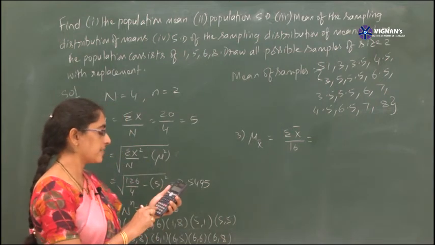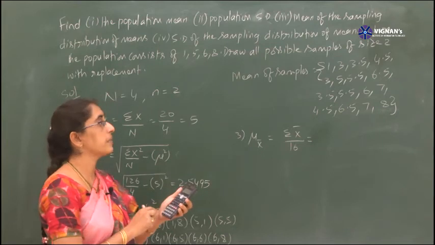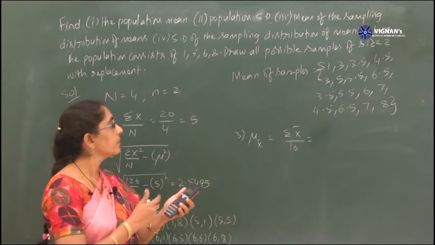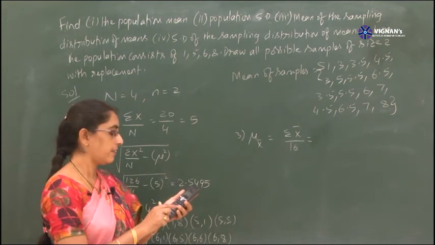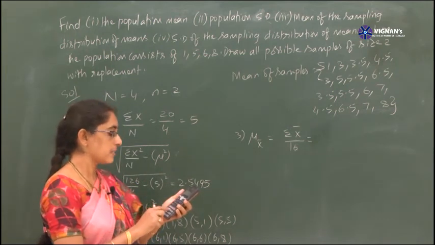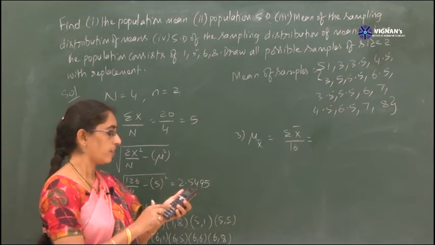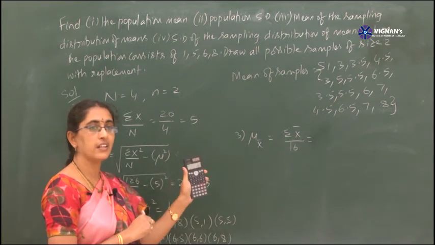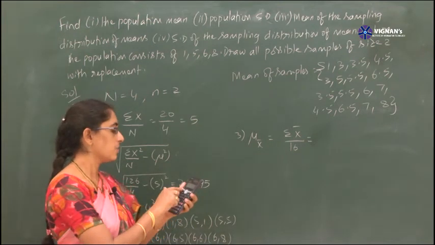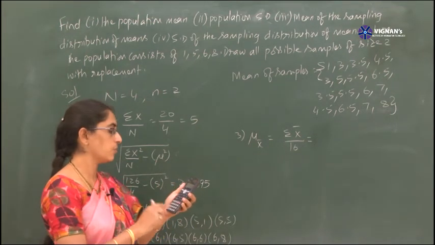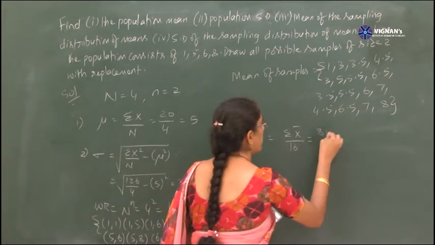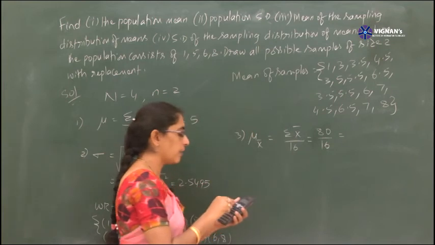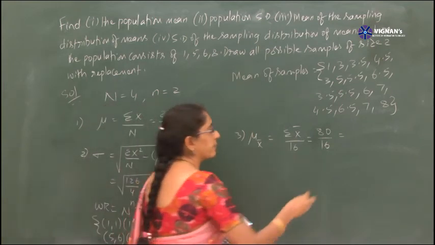So 1 M plus, 3 M plus, 3.5 M plus, 4.5 M plus, then 3 M plus, 5 M plus, 5.5 M plus, 6.5 M plus, 3.5, then 5.5, 6, 7, 4.5, 6.5, 7 and 8. So 16 means are stored in the calculator. Now shift 1, summation x, option 2, it is 80. So 80 by 16 is how much? Again press shift 2, first option, it is 5.